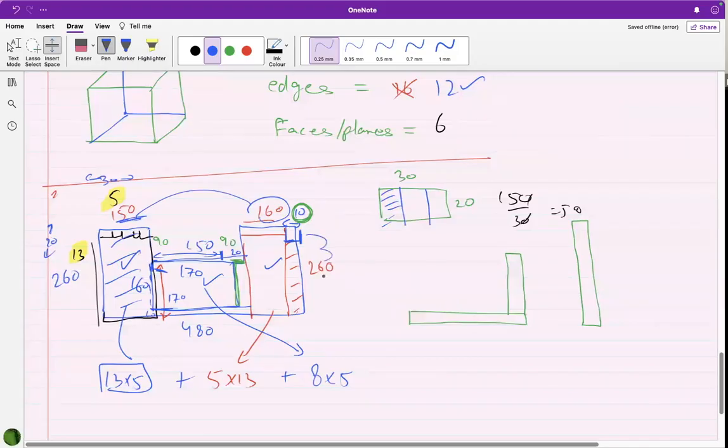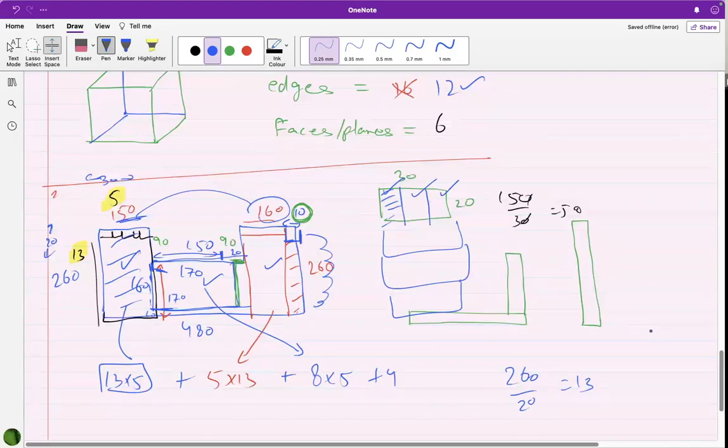And already how many pieces am I getting? 260 by 20, I'm using 13 of these pieces. So 3 pieces are coming out of one tile. Another 3, 9, another 3, 12 pieces. So 1, 2, 3, 4 complete tiles and one piece, 1 by 3 of the piece.